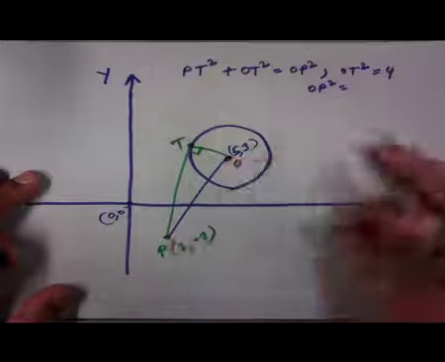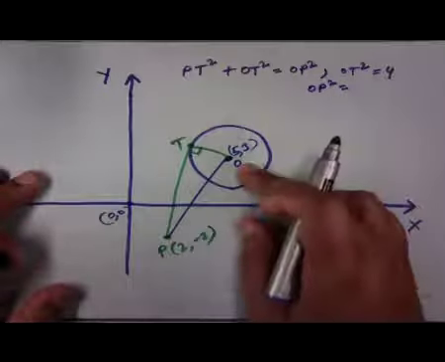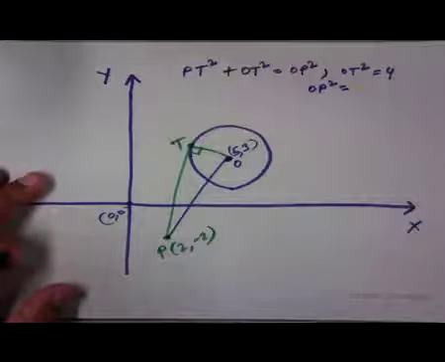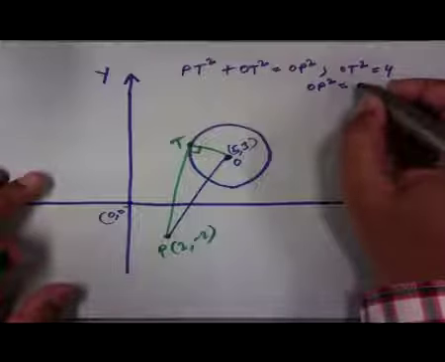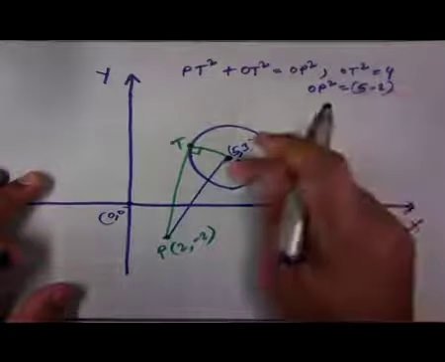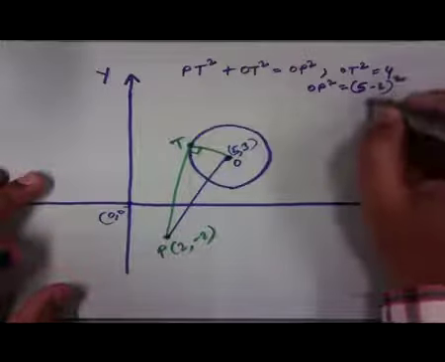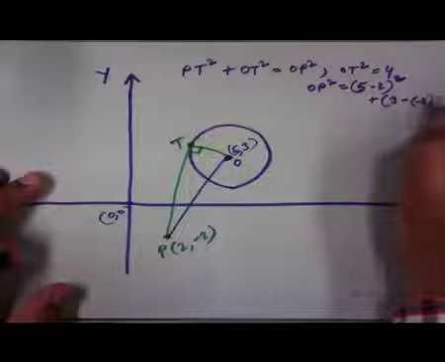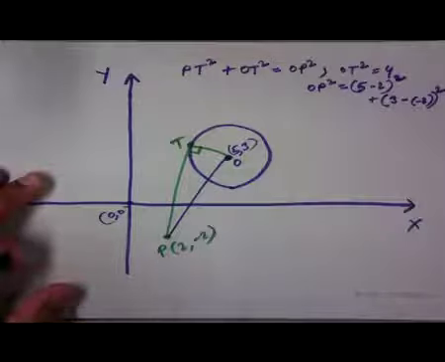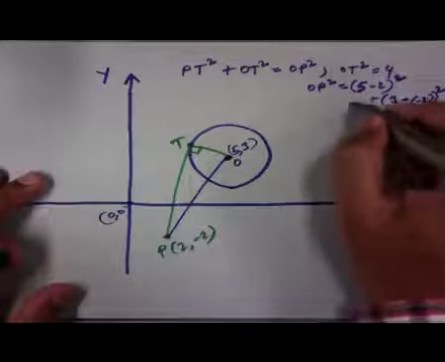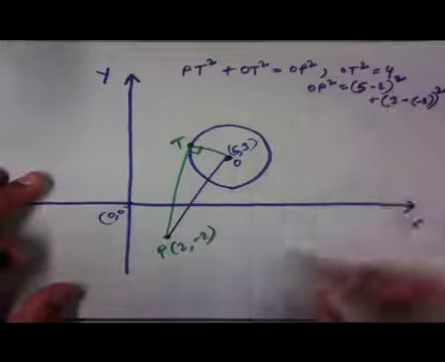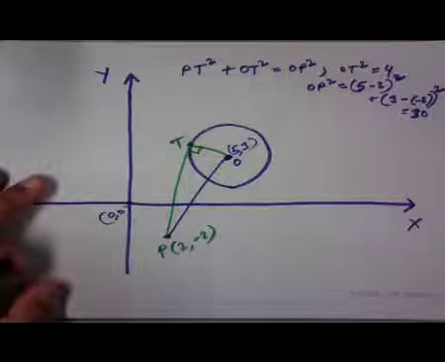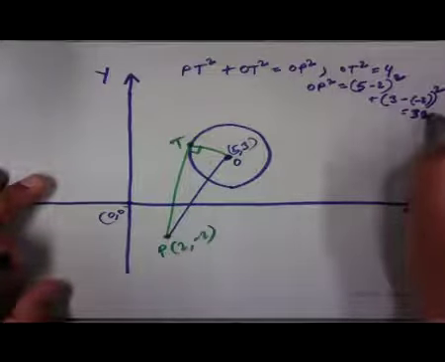OP square is, because we know the coordinates of both O and P, 5 minus 2 whole square plus 3 minus minus 2 whole square, and this comes out to be 34.